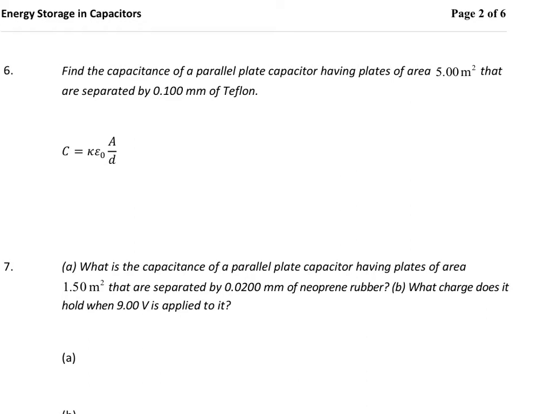This new problem, find the capacitance of a parallel plate having plates of area 5 square meters. That's a really big capacitor, even if I rolled it up on itself. So usually capacitors are little can things, as big as the tip of your pinky.